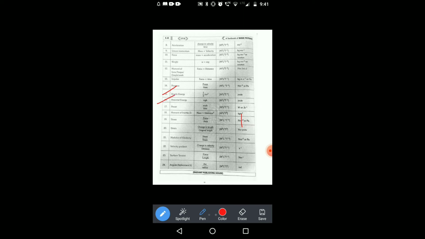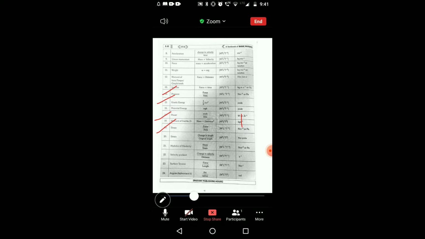Potential energy dimensional formula I will tell. Stress dimensional formula I will tell. Strain dimensional formula I will tell. Just to see here how to write the dimensional formulas: kinetic energy, potential energy, stress, strain.